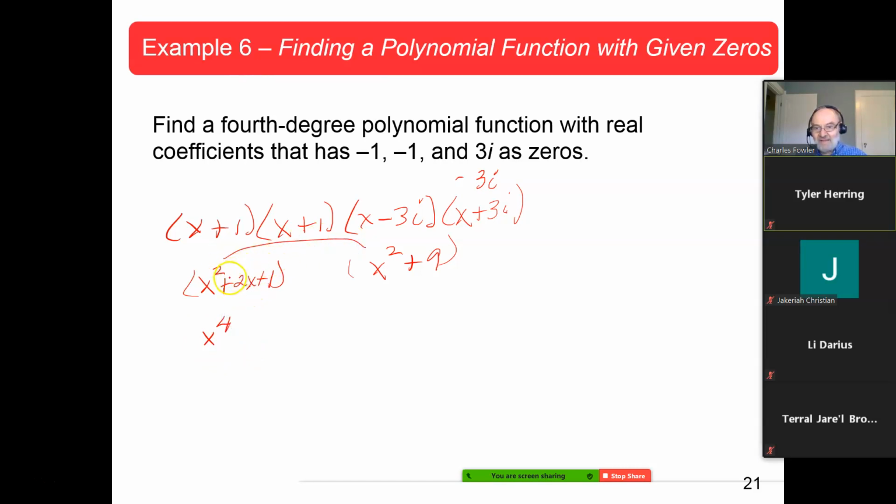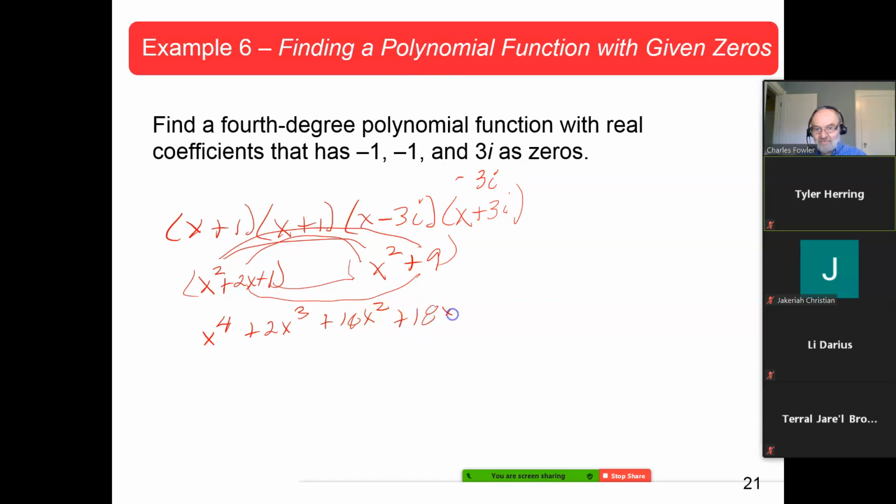And then you'll find a 2x cubed plus 2x cubed. And then you have the squared terms will be a plus 9x squared from here, and a plus x squared from there. That would be plus 10x squared, and then a plus 18x.